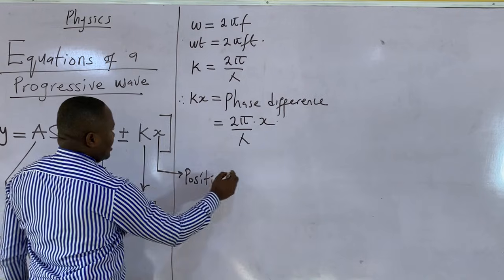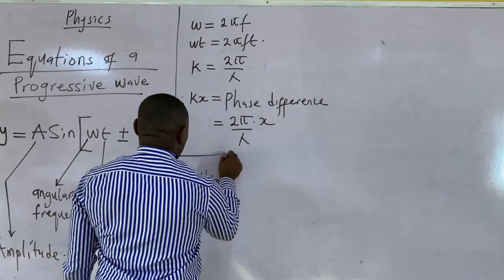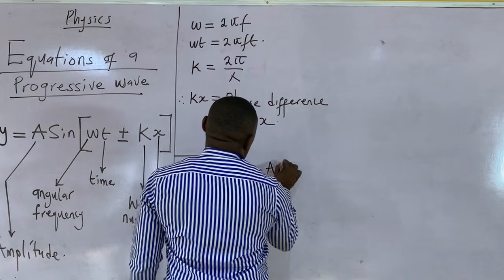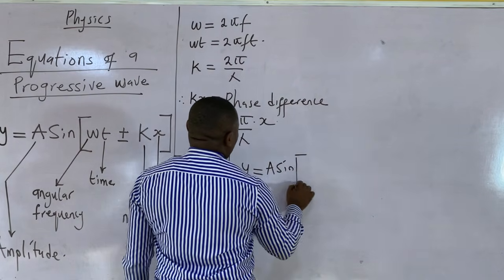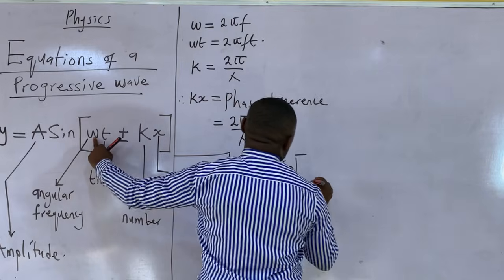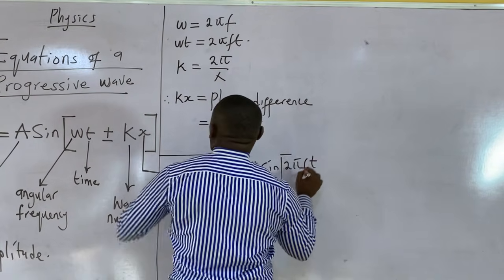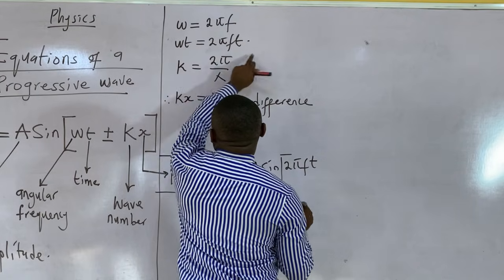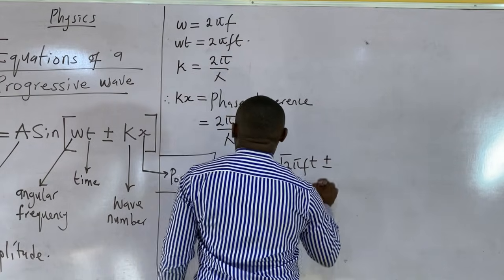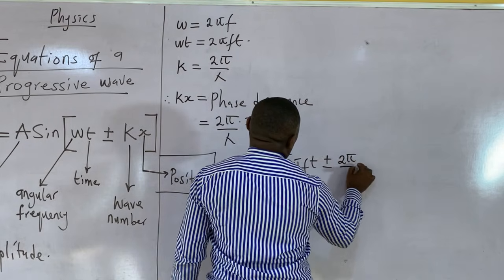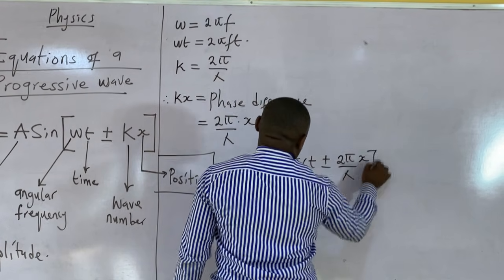So generally, if I'm writing the equation of a wave, I will have y is equal to A sine open bracket. In place of angular frequency, I'll be using 2πf t, plus or minus, in place of k, I'll be using 2π over λ times x.